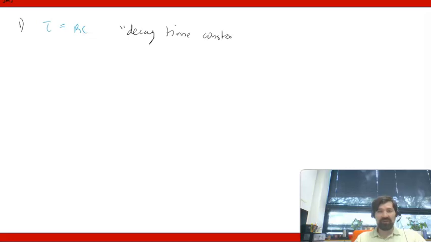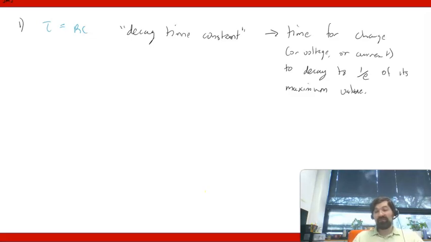And the decay time constant is basically the time that it will take for these graphs to decay by a factor of 1 over the natural number e. And I'll talk a little bit more about that in another video in which I show some actual plots of these voltage versus time and so on.